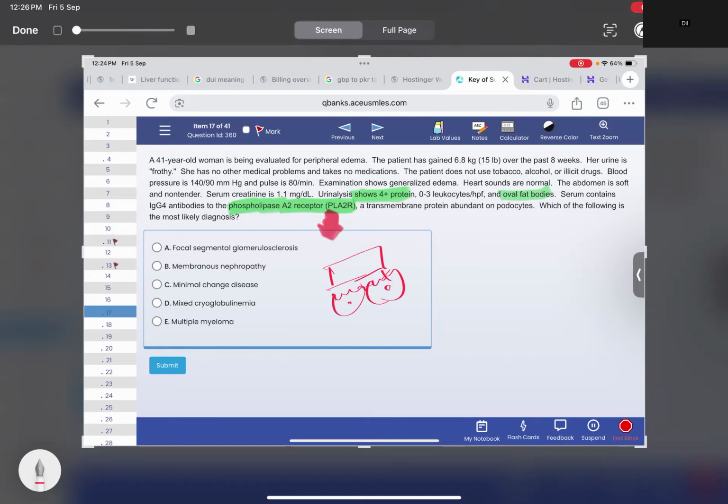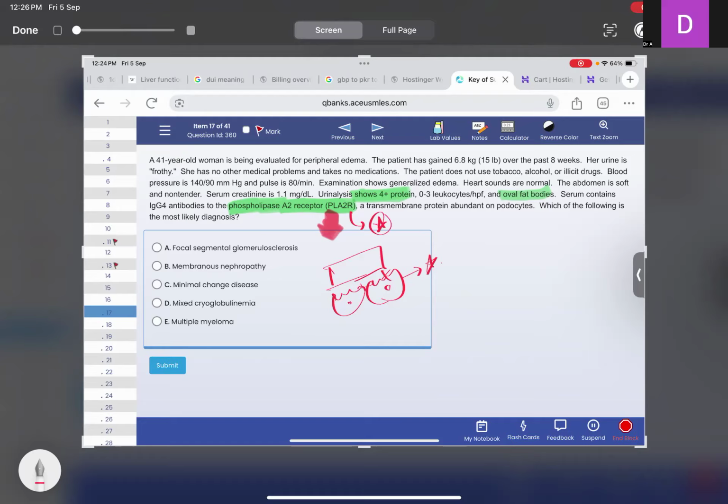So it says transmembrane protein abundant on podocytes, right, sir? Yeah, I think it's present on podocytes. Okay, right. So I have told you we have minimal change disease, and we have focal segmental, and we have membranous, right? So if they have just given you the receptor, you will go straight for membranous. This is kind of pathognomonic for the condition.